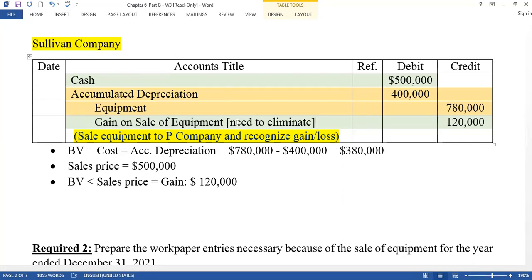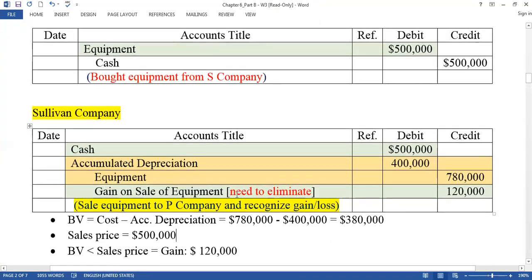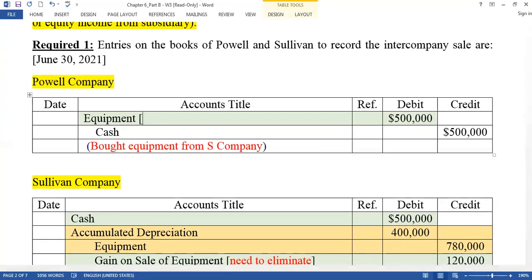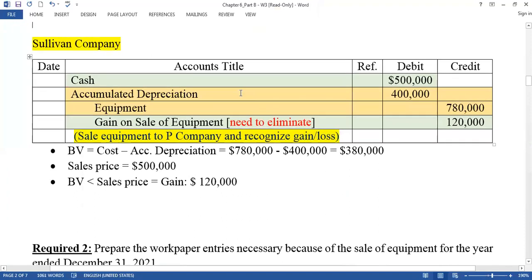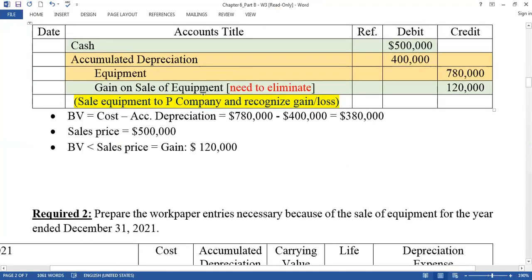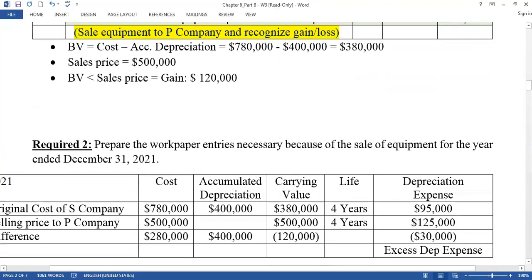So there are two important points here: we need to return back the original shape, and we need to eliminate these two. We'll do it very soon.